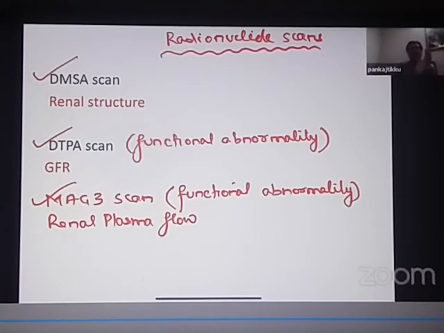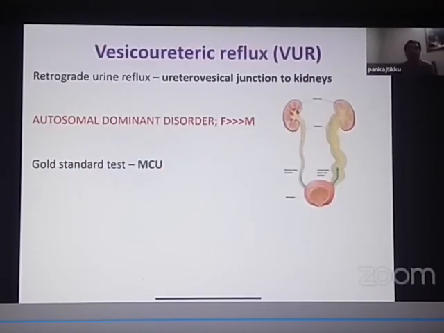Now, I was telling you one of the most common causes of urinary tract infection, especially recurrent urinary tract infection in children, is the vesicoureteric reflux. So just a few things to learn about vesicoureteric reflux. It is a retrograde reflux of urine from the bladder up into the kidney. Normally it is always a one-way flow from the kidneys down to the bladder.